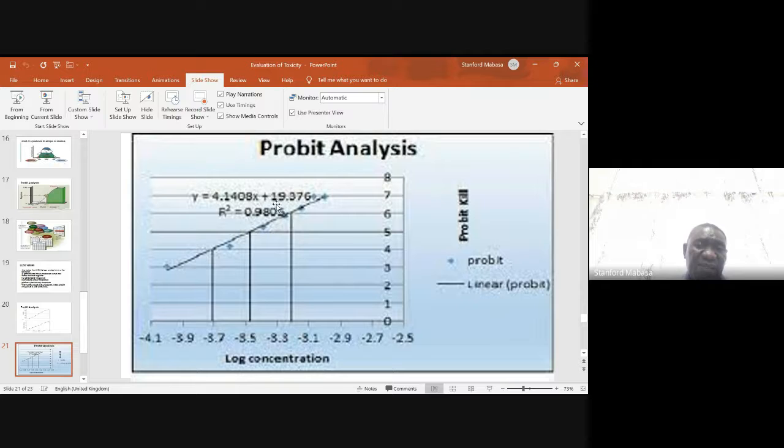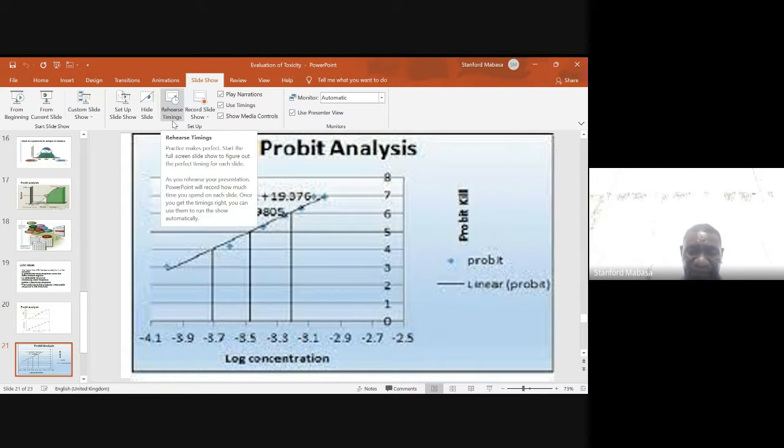Again, another graph is a result of Probit analysis with an equation here, so that you can predict what the chemical can do. Here we've got log concentration, and here on the x-axis we've got the probits.